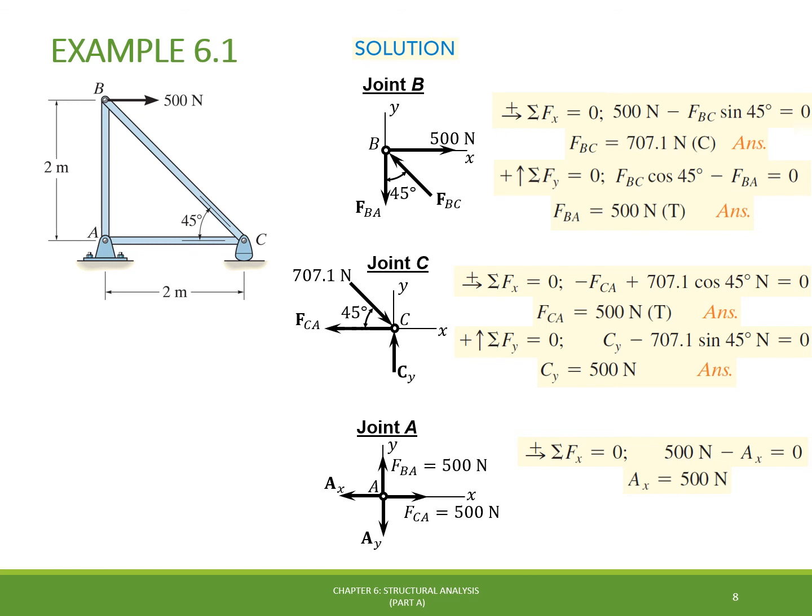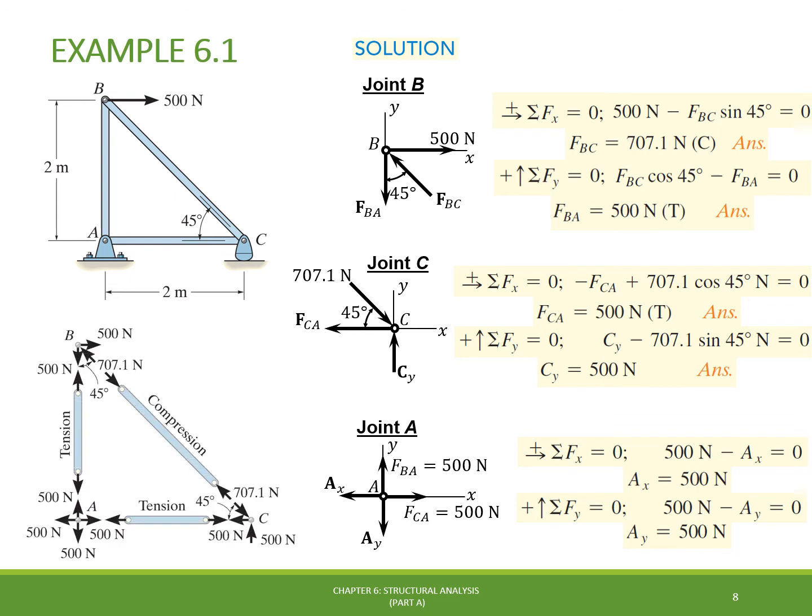By solving the force equilibrium equations in the x direction, we directly find that the support reaction in the x direction is equal to 500 newtons. And by solving the force equilibrium equations in the y direction, the support reaction in the y direction is also equal to 500 newtons.